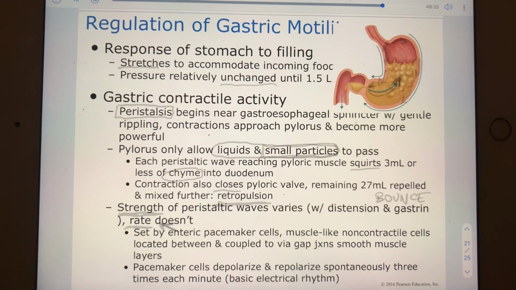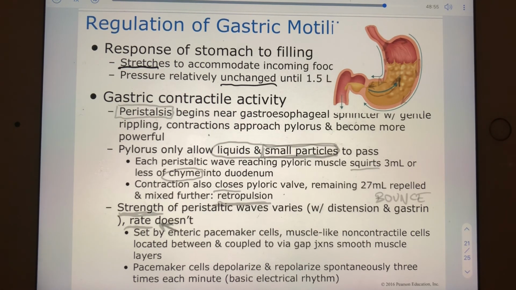We already know that when the stomach fills, it will distend or stretch, okay? And the pressure within the container of the stomach, because it's so stretchy, actually remains fairly unchanged until we fill it up to a little over a liter or more.